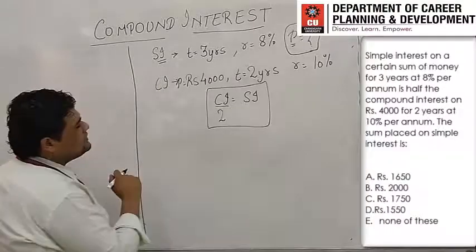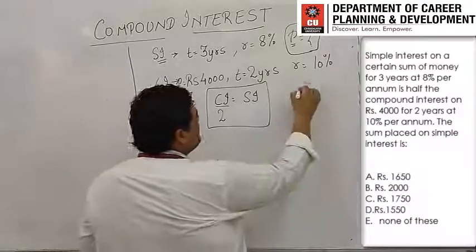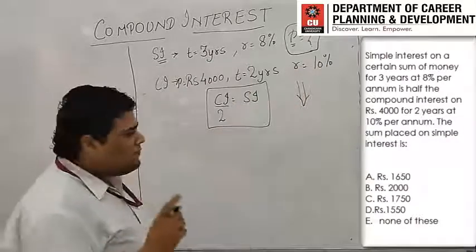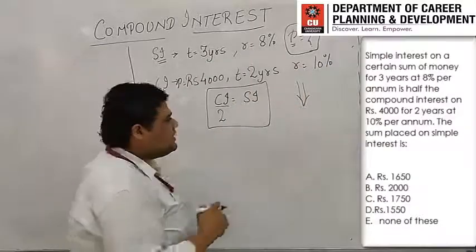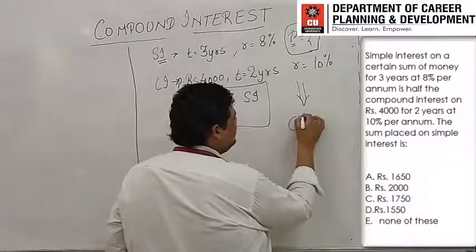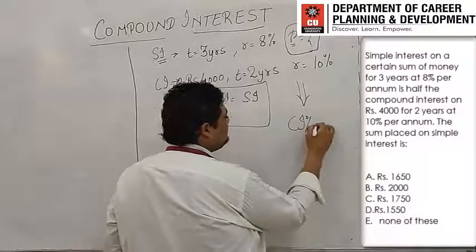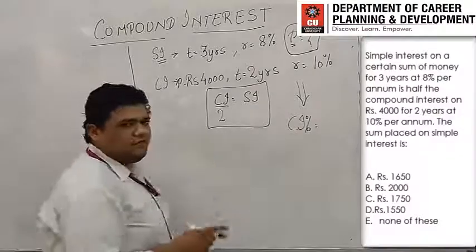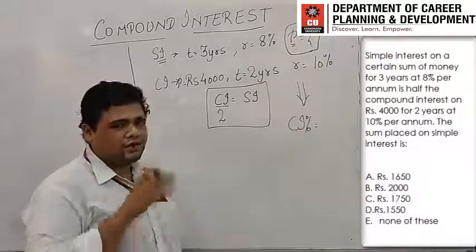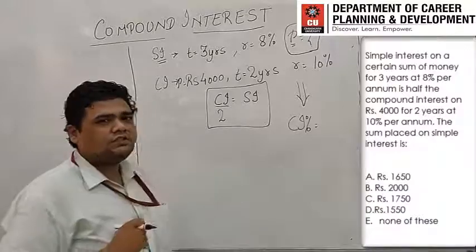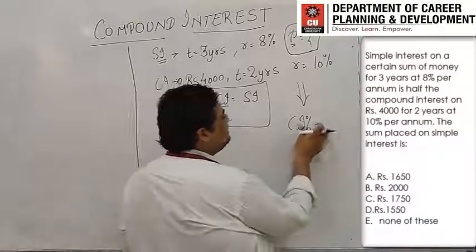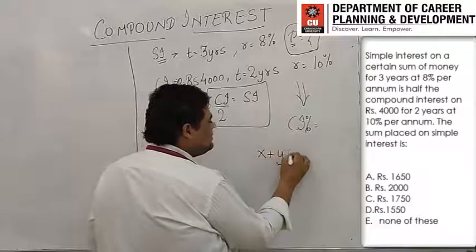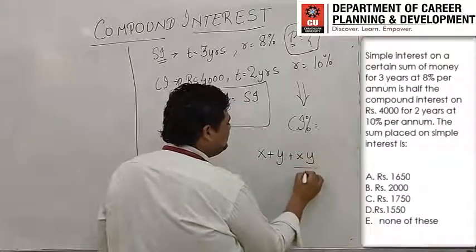Now let us calculate first the compound interest. Rate is 10% and invested for 2 years. In 2 years, CI in percentage will be equal to how much? We have done this before in our first question where we took the principal as 10,000 and the rate is 10%. For 2 years we apply the formula x plus y plus xy upon 100.